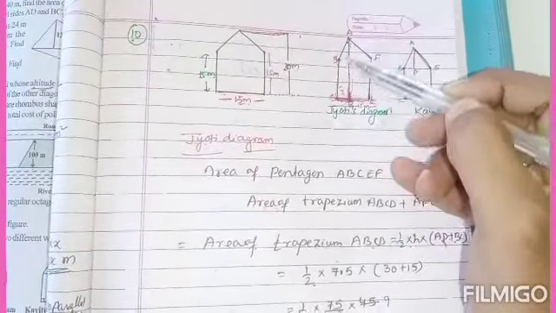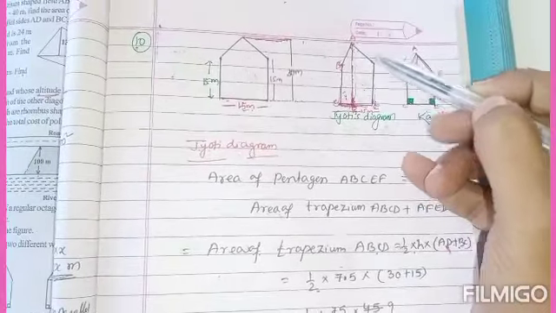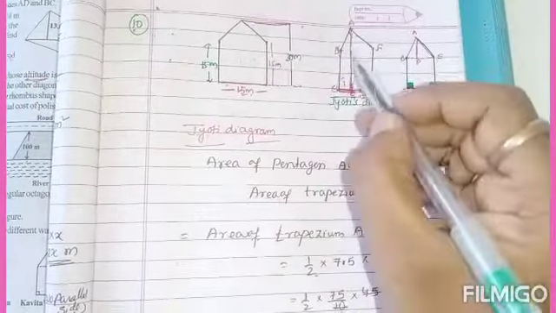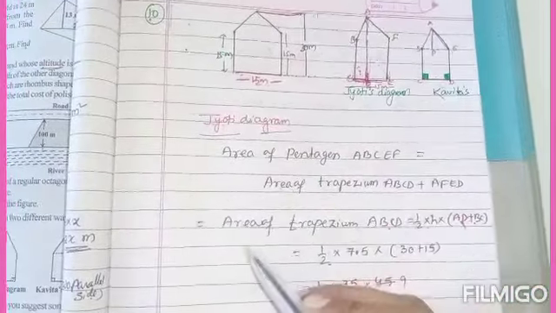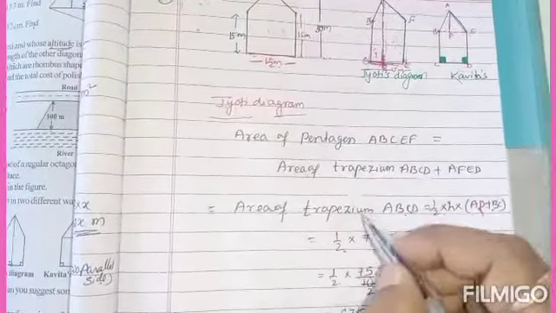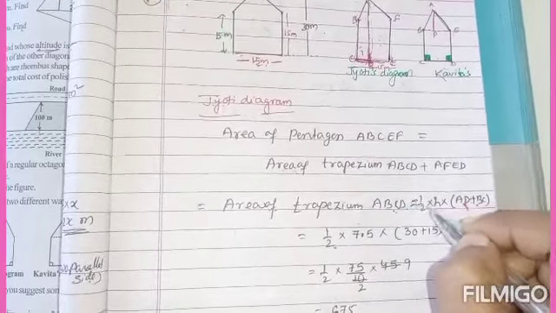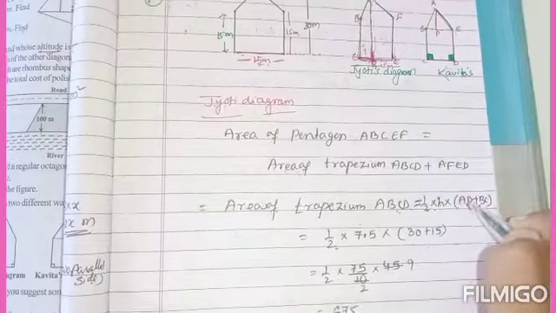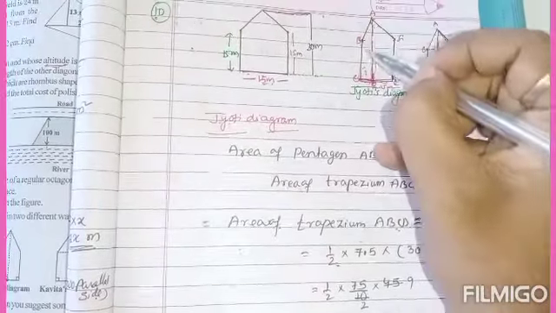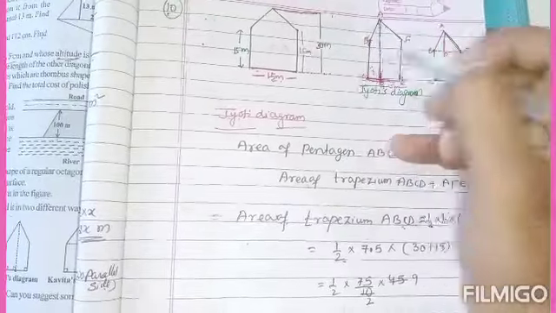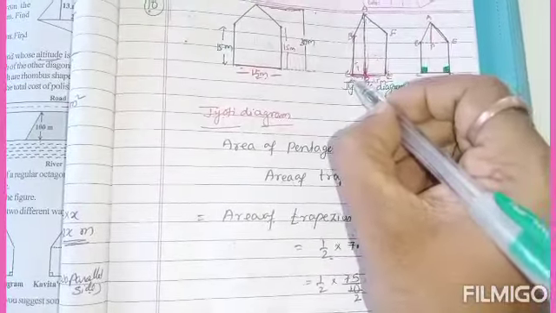This is one trapezium, and another trapezium is AFED. Both the measurements are the same. So first we will find the area of trapezium ABCD: 1 by 2 into height into sum of two parallel sides. Parallel sides means AD plus BC. These are the two parallel sides, and height will be CD.